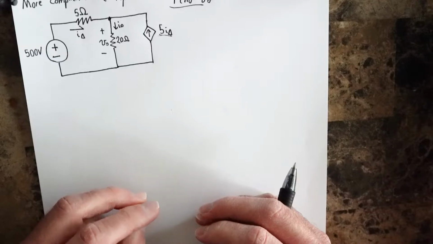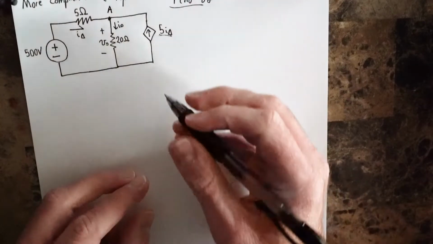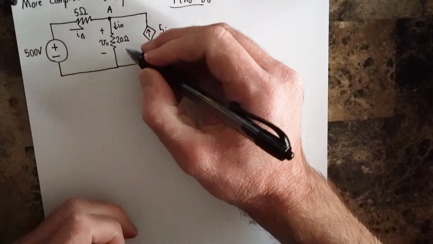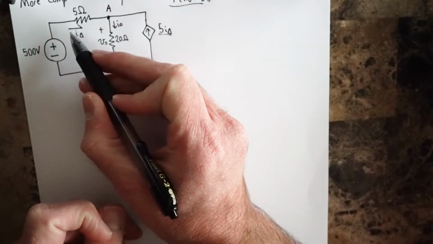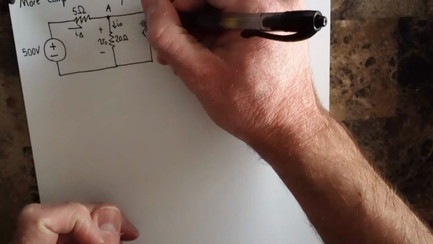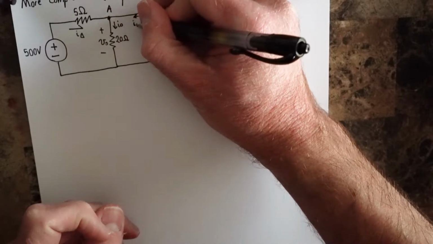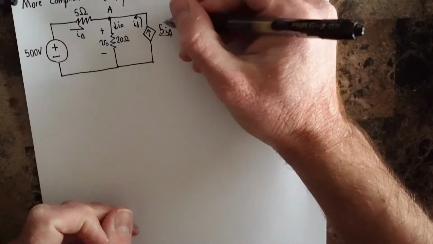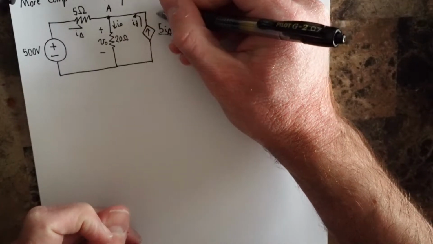All right, so let's go ahead and label our currents. We've got a node here that we can utilize for KCL, which is good. We have I0 moving down here, I delta moving this direction, and we've got this current, which I'll call ID, as in for a dependent source, and an associated voltage VD.